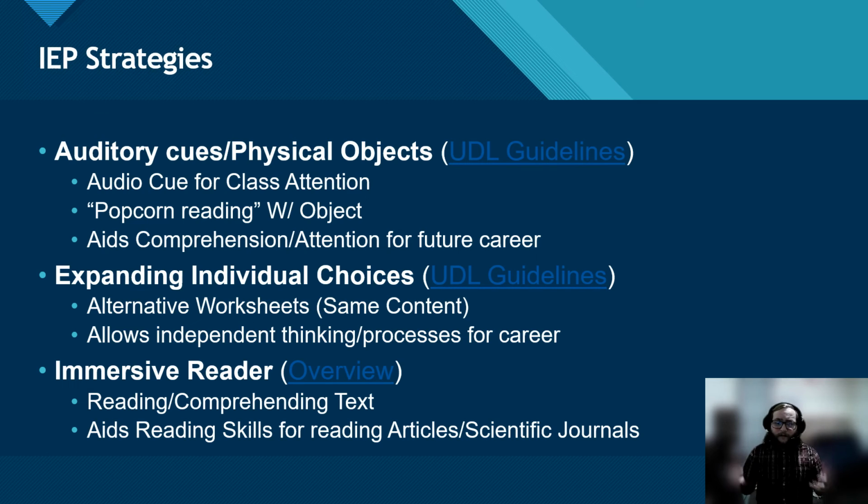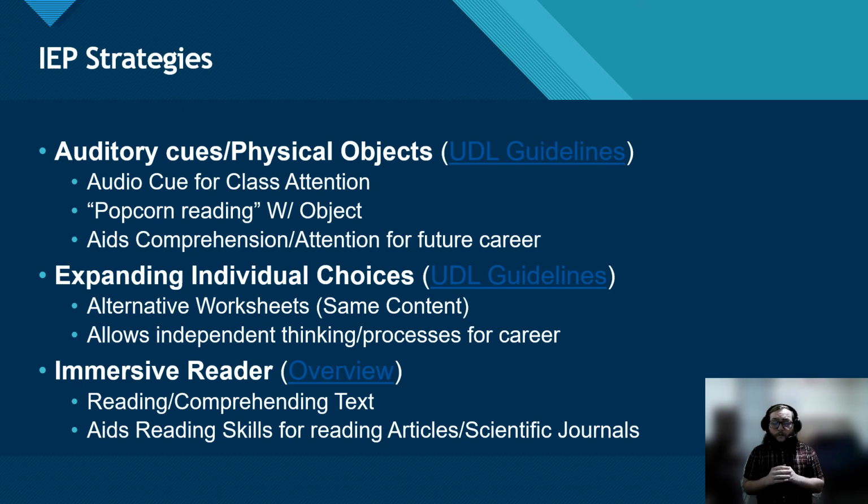The last part of the IEP strategies would be Immersive Reader, which is a Microsoft program that allows you to read pieces of text very easily and allows you to have access to a plethora of tools such as highlighting, read-alongs, line by lines, all sorts of tools that the student can use for reading and comprehending text.